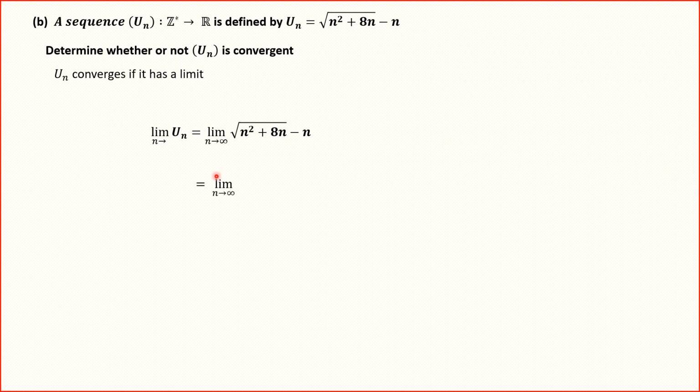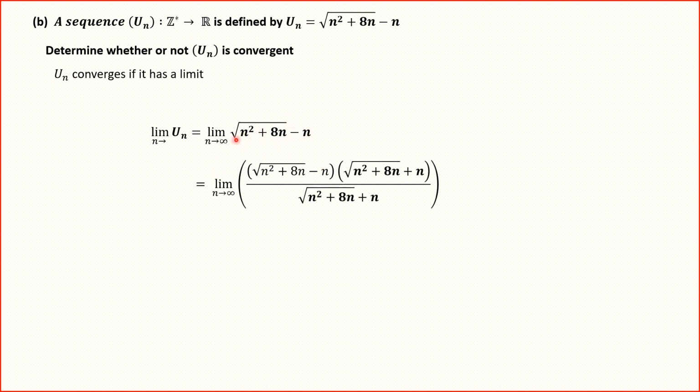Now you cannot evaluate this limit directly just by observing with your eyes. So to do this, we multiply the numerator and denominator by the conjugate of this. So we just multiply the numerator and denominator by square root of n squared plus 8n plus n.